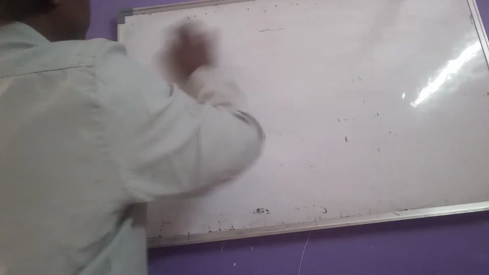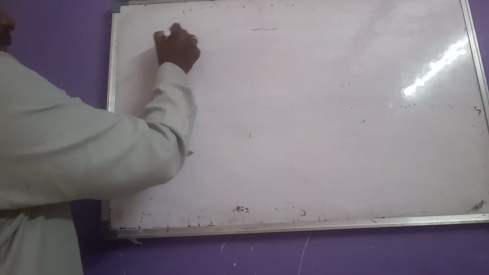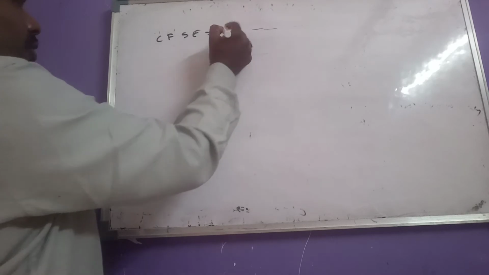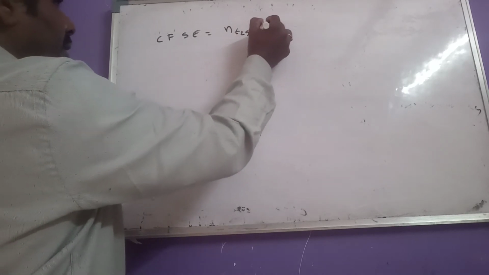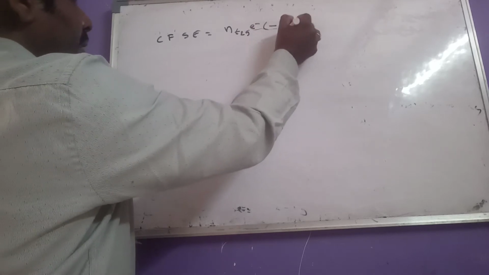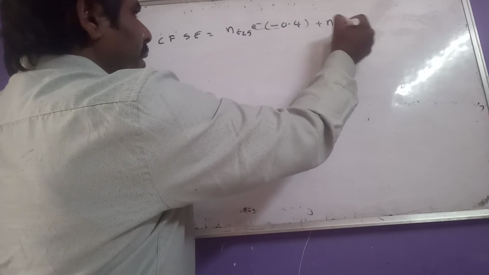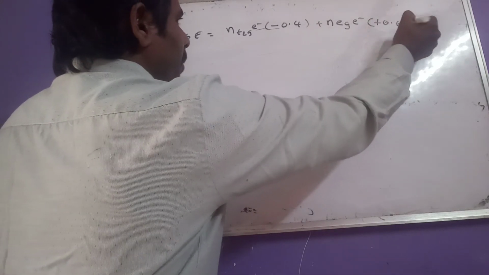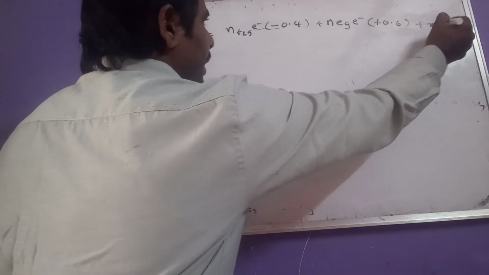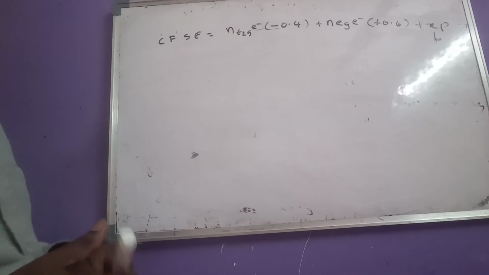So the crystal field stabilization energy calculation is the number of t2g electrons times minus 0.4, plus the number of eg electrons times plus 0.6, plus xp, where x is the number of newly formed pairs.